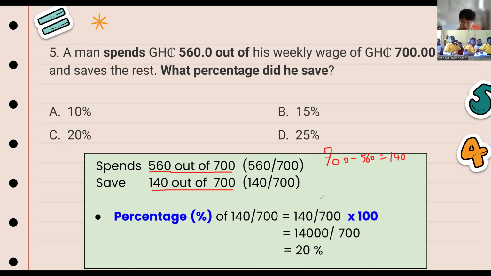But what percentage is this out of all the money that he had? Well, it's 140 divided by 700. And then it's a percentage, so you have to multiply by 100% at the end.